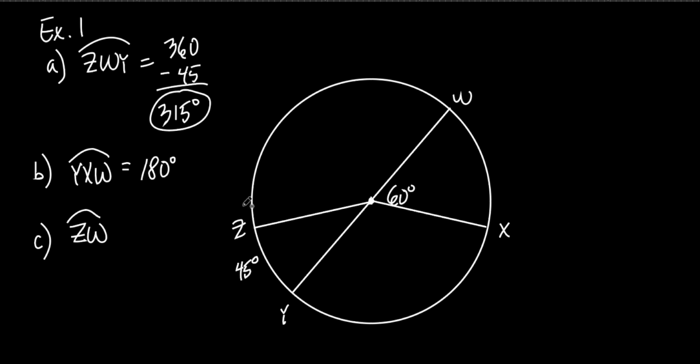If you went from Y to W, that's 180, right? But how much is this little bit right there? If that's 45, then this is 45. And what are we trying to do? We're trying to find just that part right there. Agreed? So it's 180 minus 45.